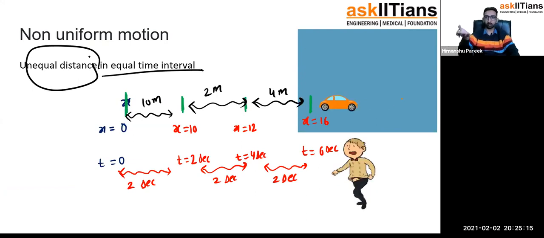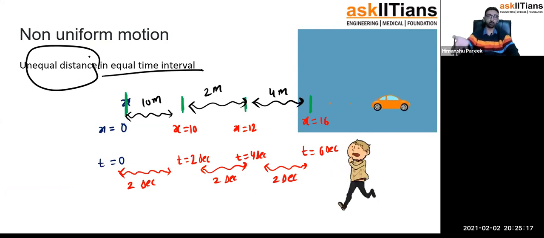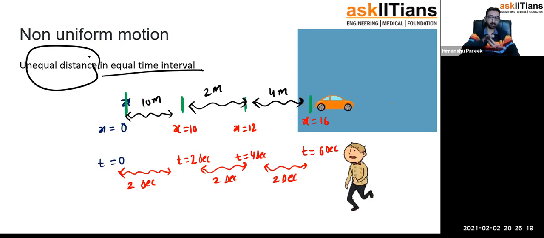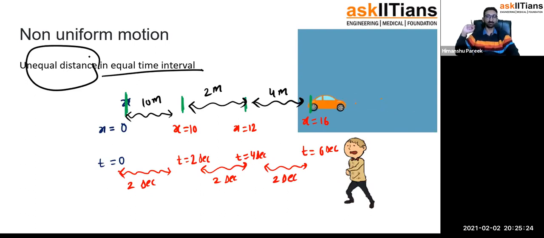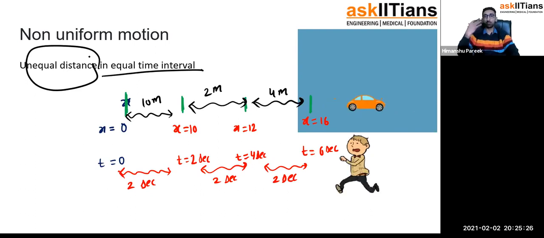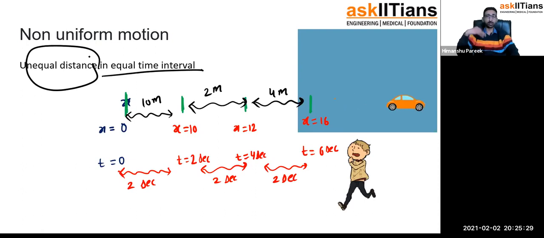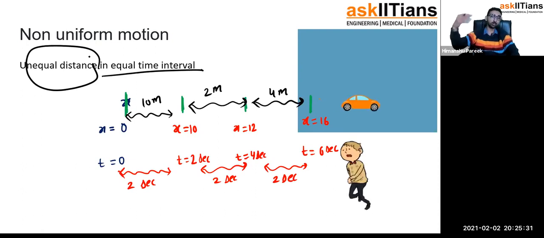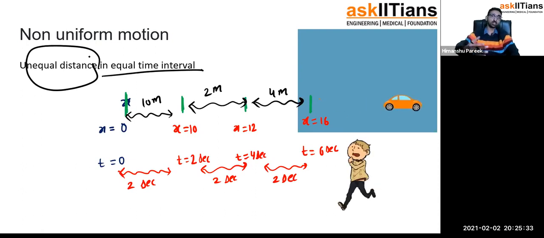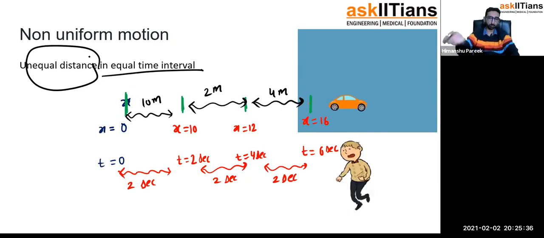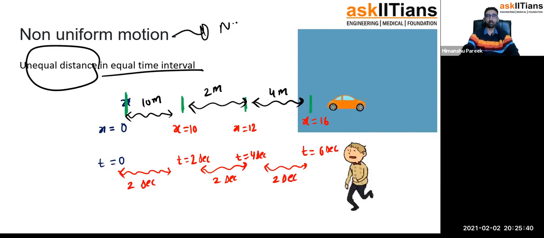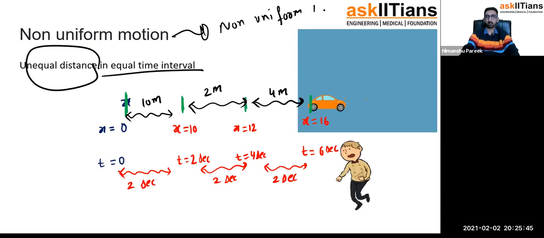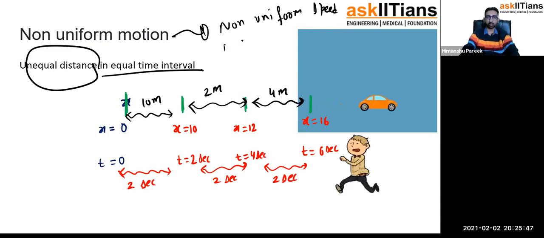Now the people who remember the speed concept from grade 8 or lower grades would say that the body is not going with a uniform speed. If you go with a uniform speed, you are supposed to cover equal distances in equal intervals of time. Right now you're not covering equal distances in equal intervals of time, so you're not going with a uniform speed. So non-uniform speed, or simply I can say the speed is not constant.